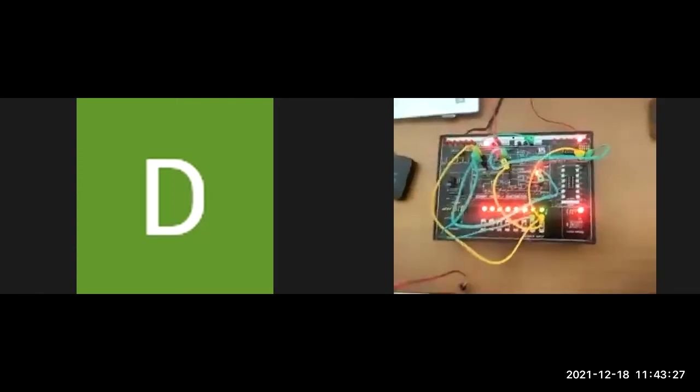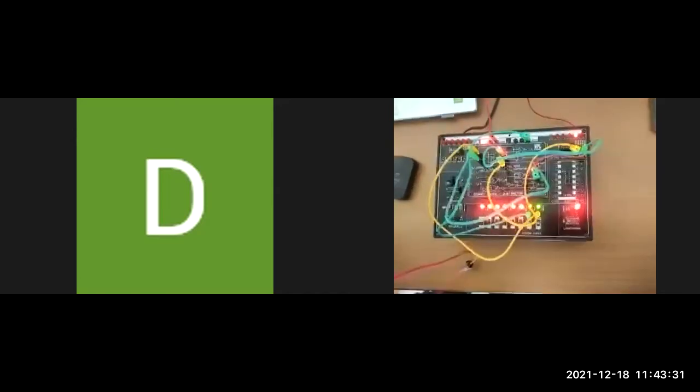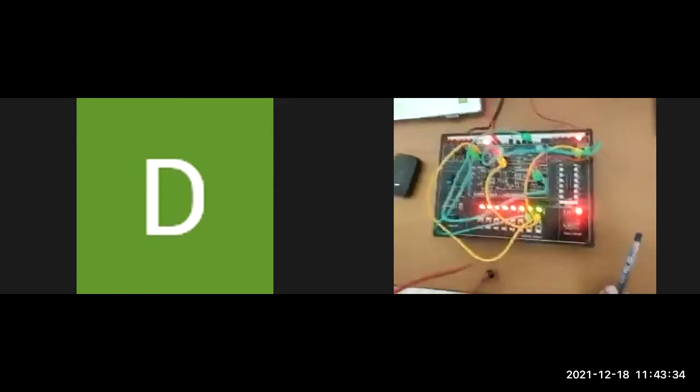Okay, so the half adder is all over. Now our aim is to experiment with the full adder.